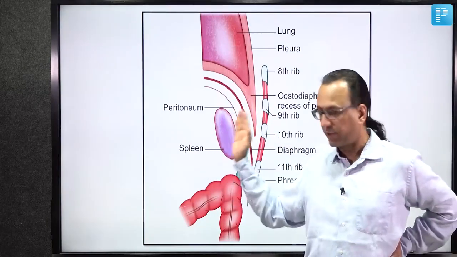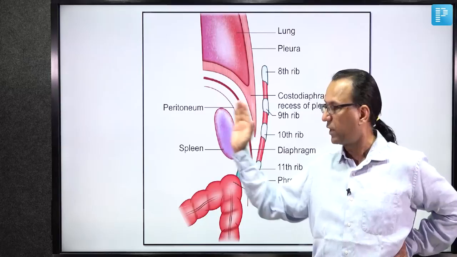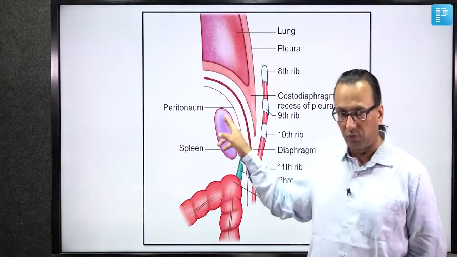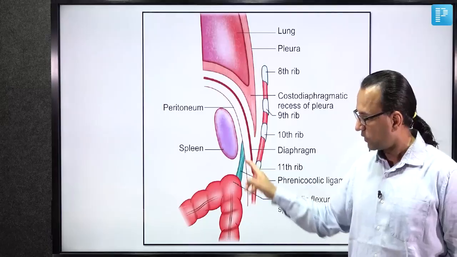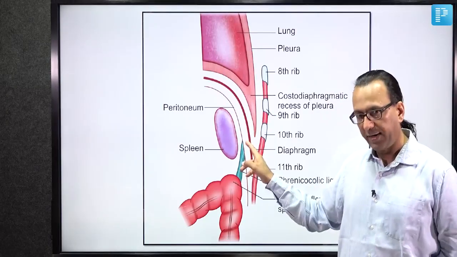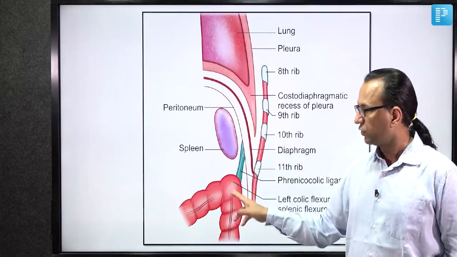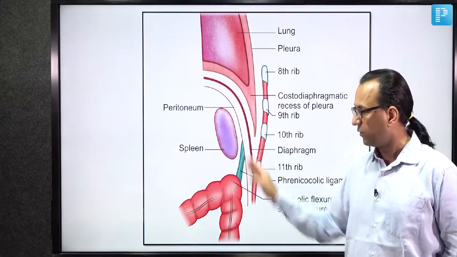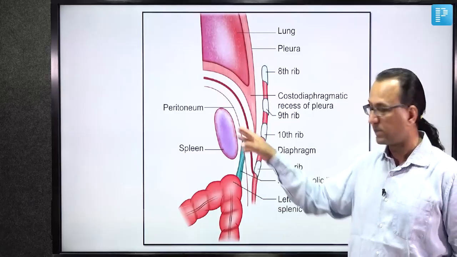So what are the anterior relations of the spleen? We want to find out which are related. And also you can see that it is not falling into the left paracolic gutter because of a ligament here, named accordingly for the colon and the diaphragm. So the phreniocolic ligament prevents the sagging of the spleen into the left paracolic gutter, which comes as a question.